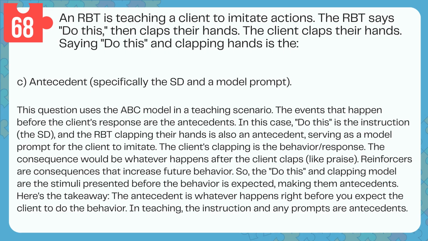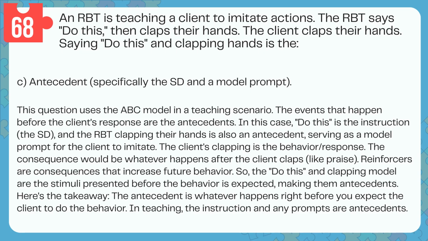This question uses the ABC model in a teaching scenario. The events that happen before the client's response are the antecedents. In this case, "do this" is the instruction, the SD, and the RBT clapping their hands is also an antecedent, serving as a model prompt for the client to imitate. The client's clapping is the behavior/response. The consequence would be whatever happens after the client claps, like praise.